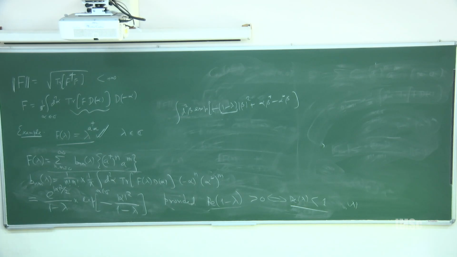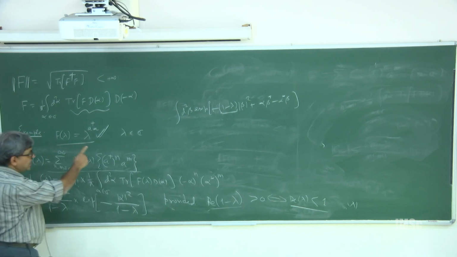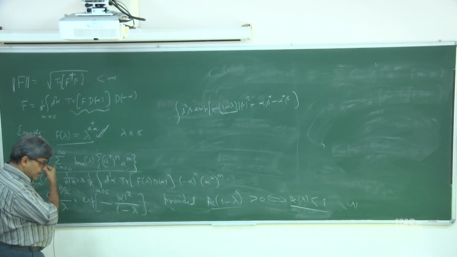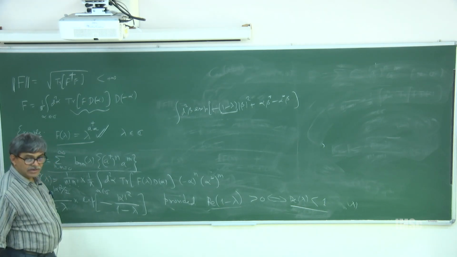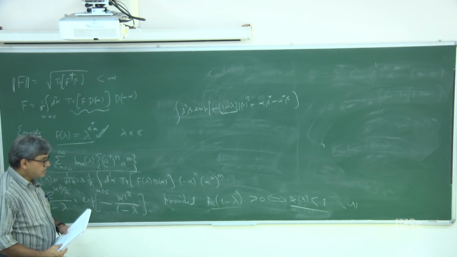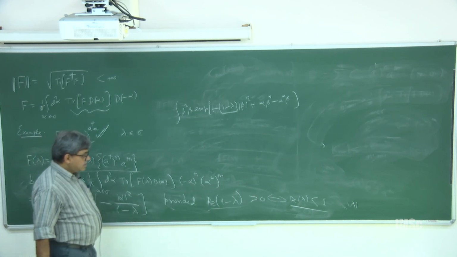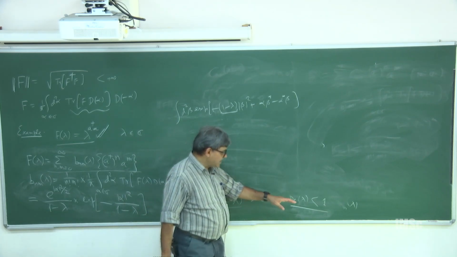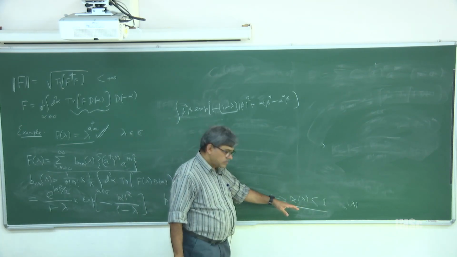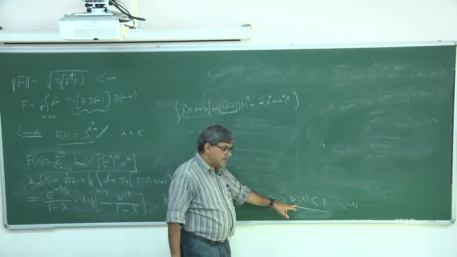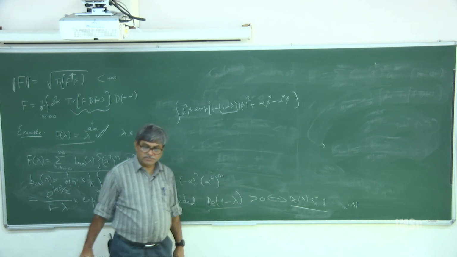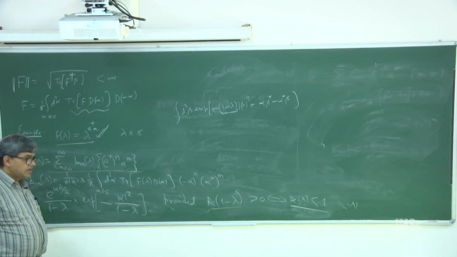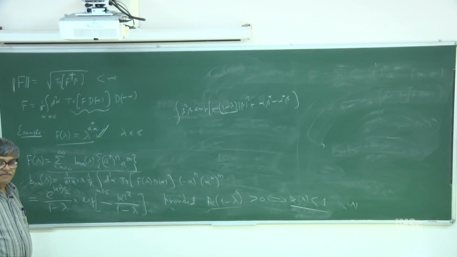Now, of course, you know that this operator is bounded and also trace class if magnitude of lambda is less than 1. Magnitude of lambda less than 1 automatically tells you that the real part of lambda is less than 1, so that is satisfied.